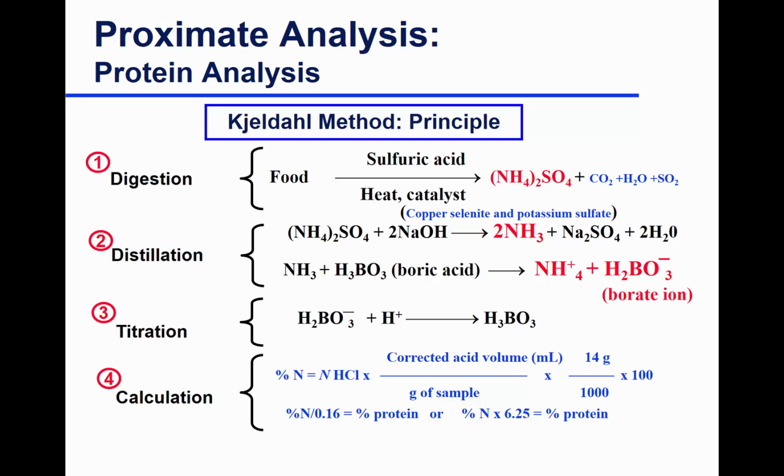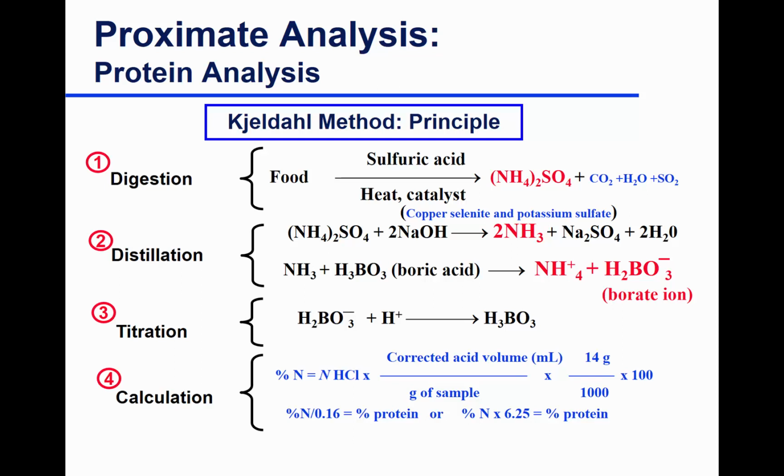As the ammonia gets into your collecting flask, or what's condensing into that flask that has boric acid, when the ammonia gets into the boric acid, in the presence of the indicator, you start seeing the color change from pink, red, to yellow. The methyl red is yellow in a basic situation. So now you fixed your nitrogen as ammonium borate. So now your nitrogen is in the form of ammonium borate.